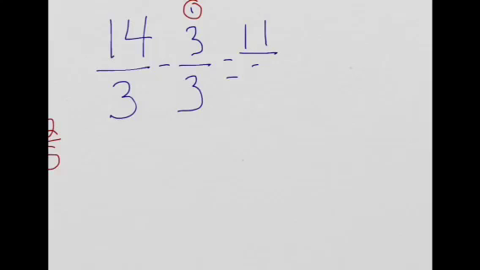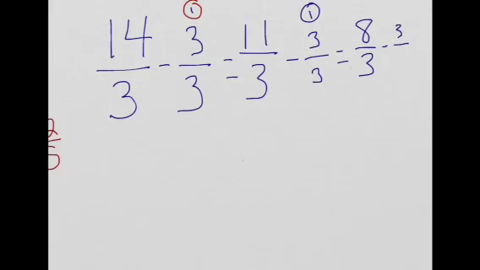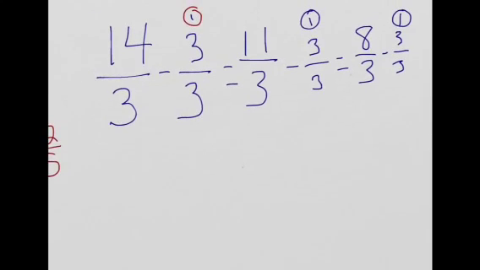And there's still thirds. So I can do it again. I can take away another 3 thirds. That's a whole. 11 minus 3 is 8 thirds. And that means I can take away 3 thirds again for another whole. 8 thirds minus 3 thirds is 5 thirds.